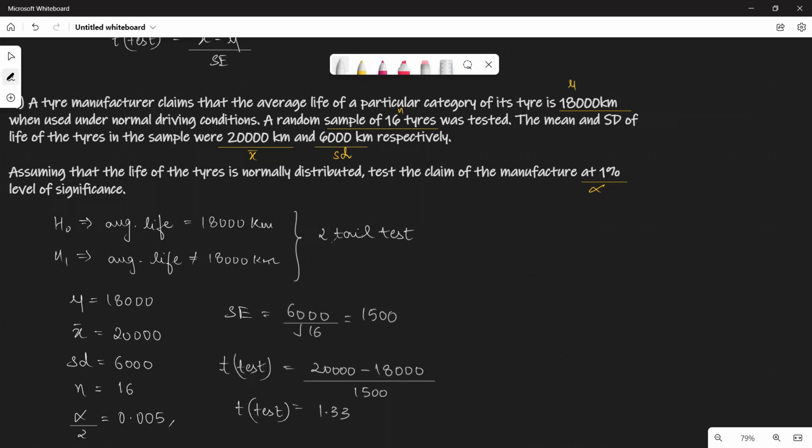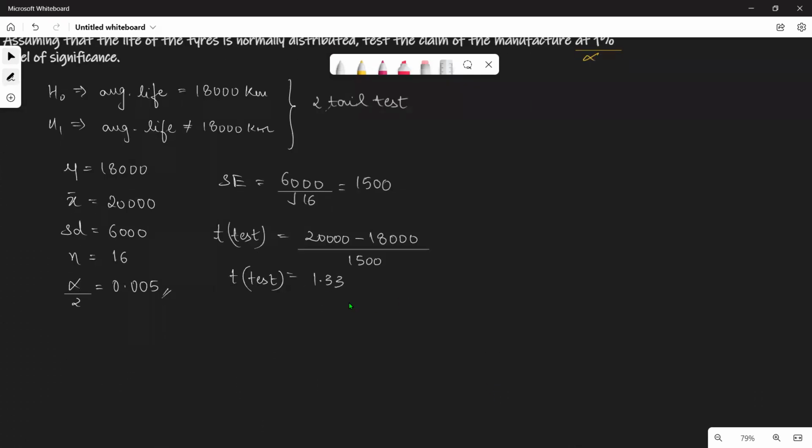This is the value of alpha that we need to consider. We have calculated the value of the t-test, which is equal to 1.33. Now we have to calculate t of 0.005.